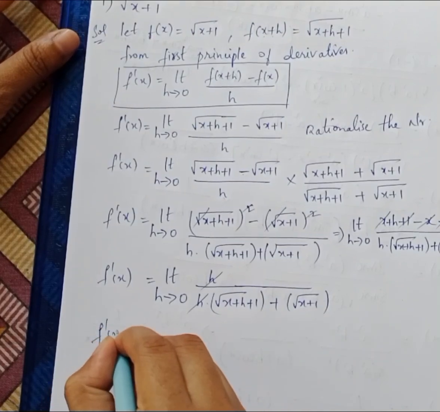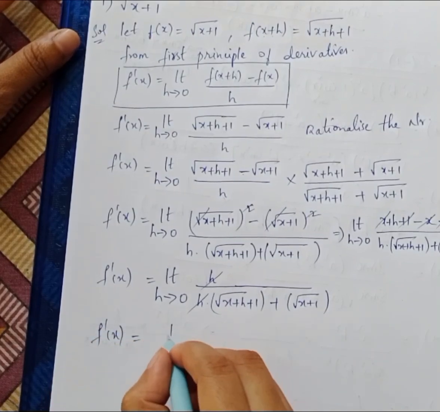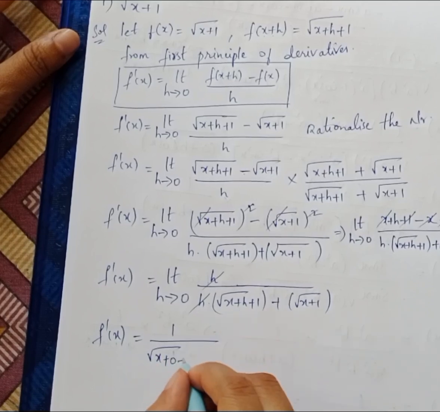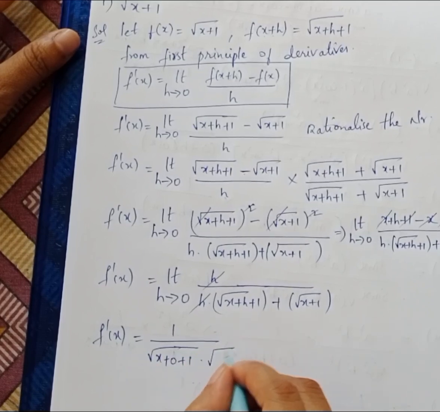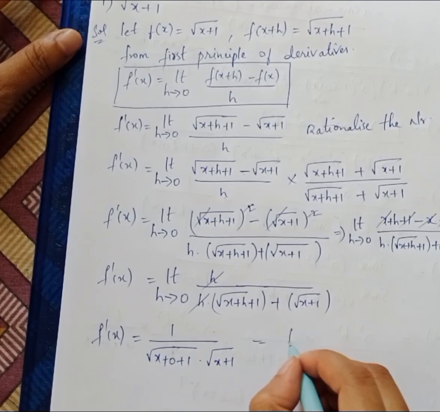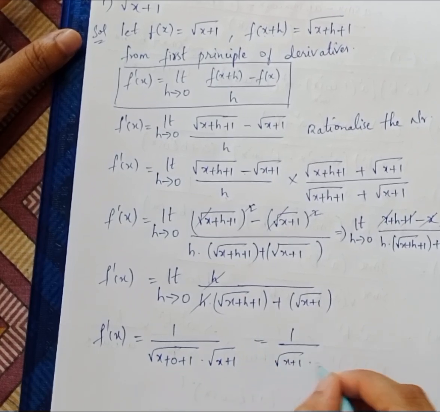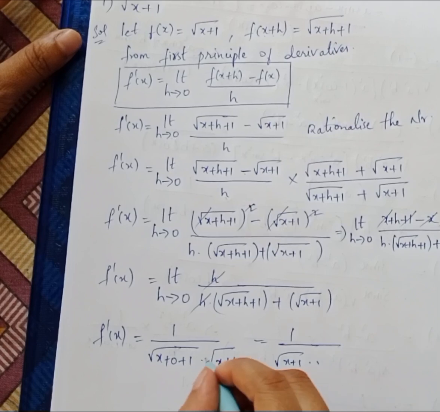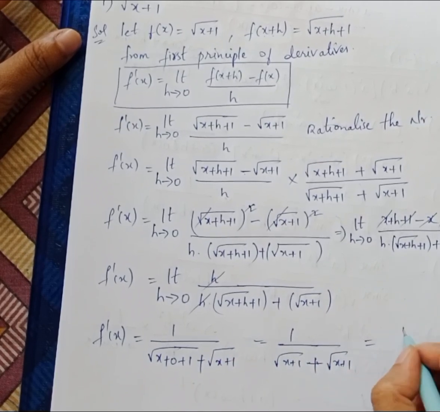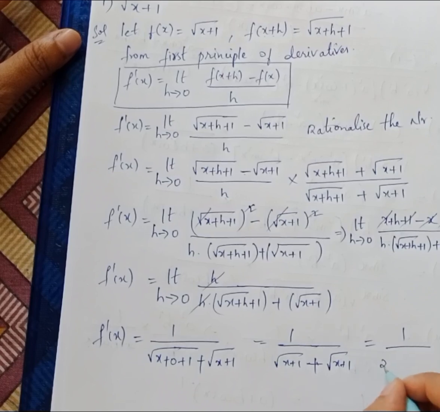So f dash of x equals 1 by root of x plus 1 plus root of x plus 1, and we can add up both, so it is 2 root x plus 1.